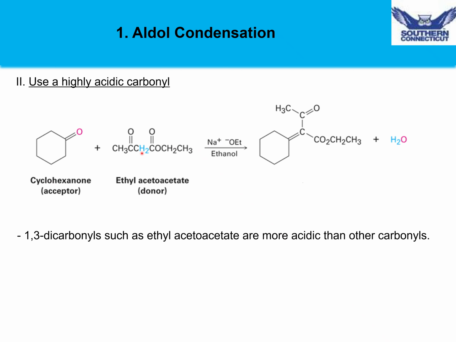So base will remove one of the highlighted hydrogens in blue. That forms the enolate, and that will make this compound the donor. That enolate then attacks the ketone on the left, which is the acceptor, to form the following aldol product.